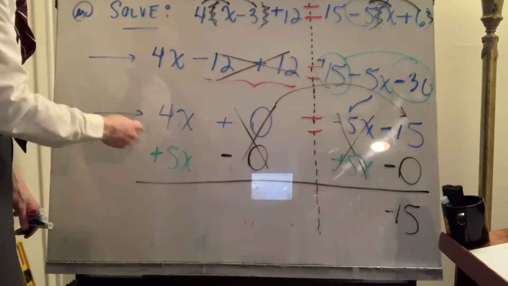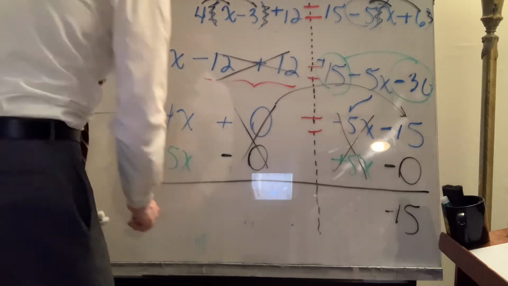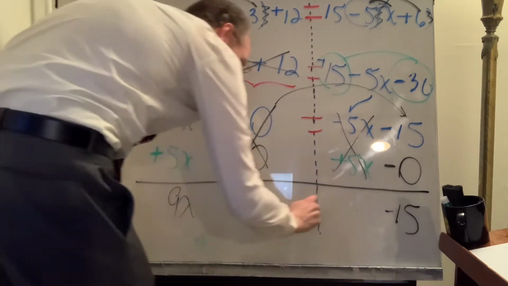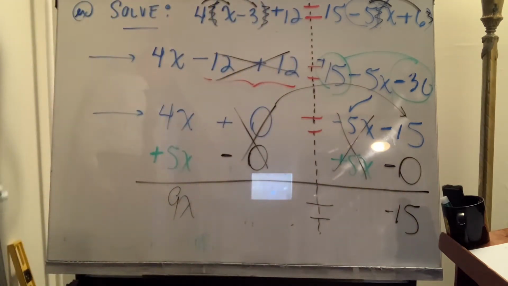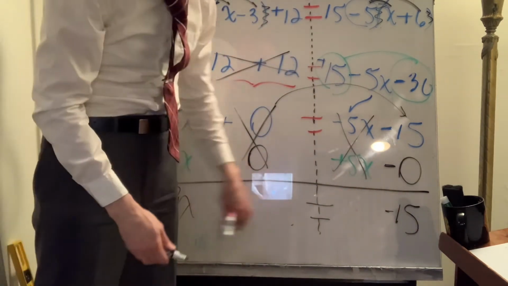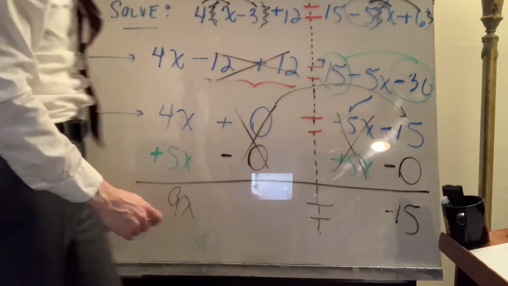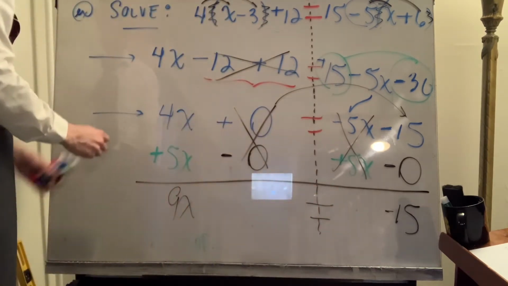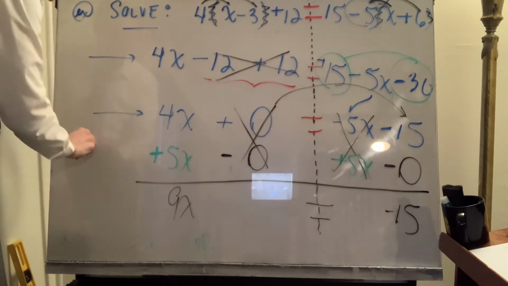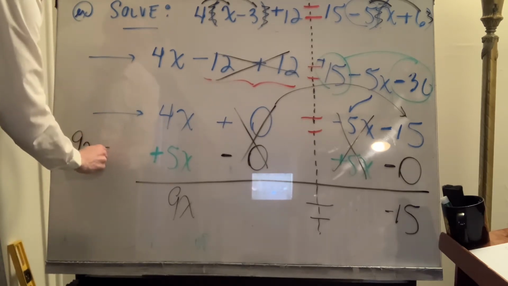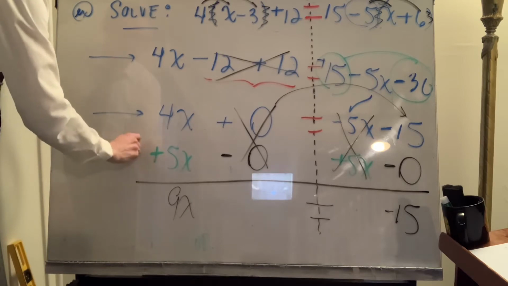This is essentially 4 plus 5, which makes this 9x equals negative 15. Right. Now, they're kind of far apart. There's no necessary gap here, really. But if it helps, all right, I'm going to put this closer together in view of the camera, hopefully. And you have this. 9x is equal to negative 15.